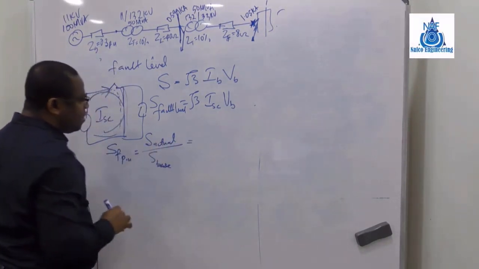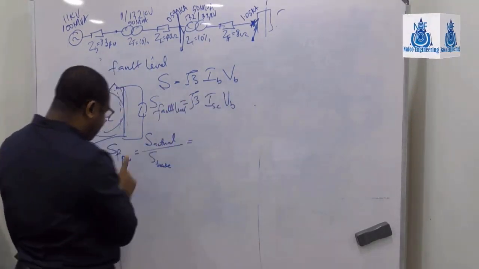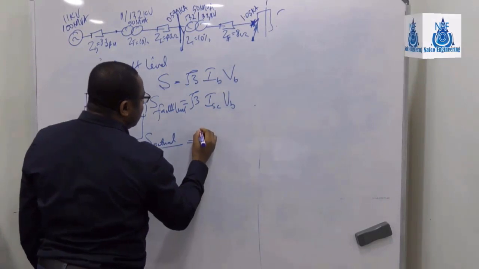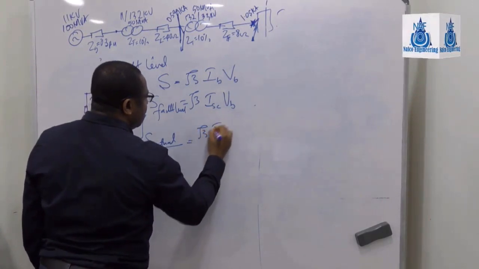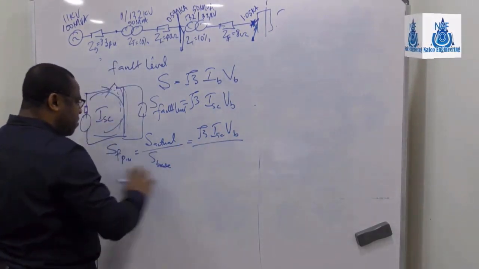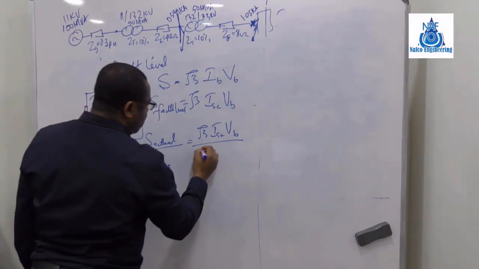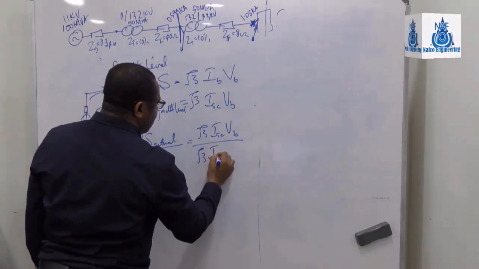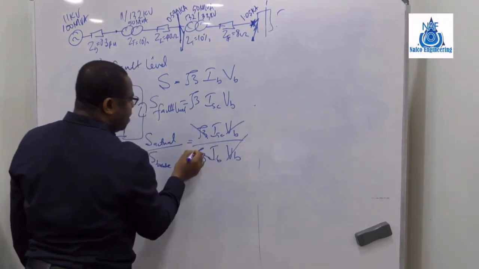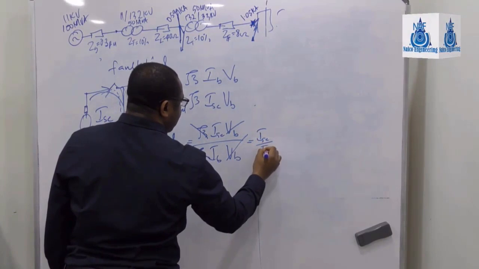Since I'm looking at fault level, this is my actual fault level, which is root 3 I short circuit V base, divided by the base value, which is the normal value when there's no fault, root 3 I base V base. So this will cancel with that, and this will cancel with that. Then you will be left with I short circuit over I base.